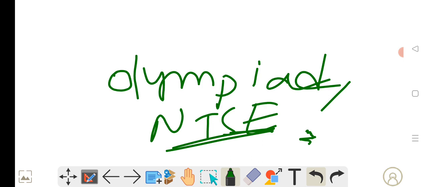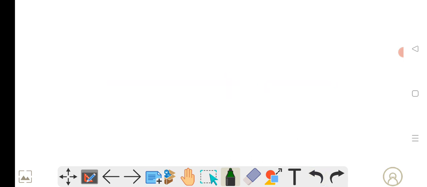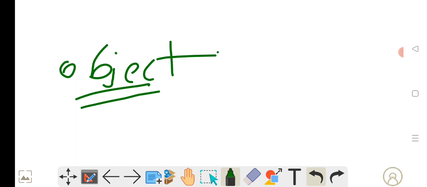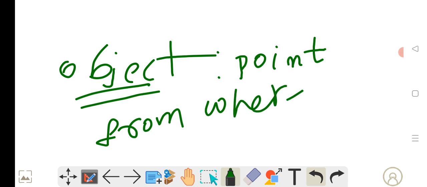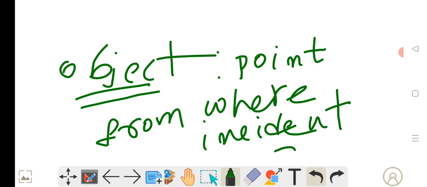So I'm using from the first class object and image, isn't it? So we'll see first what is an object. Here, object means it is a point. We generally take a point; we don't take extended objects. We just take small objects. So you can take it as the point from where we are getting incident rays, meaning that is the source of light for us.